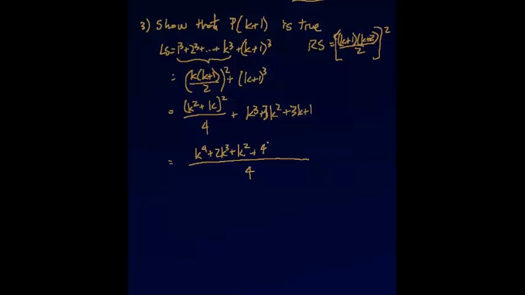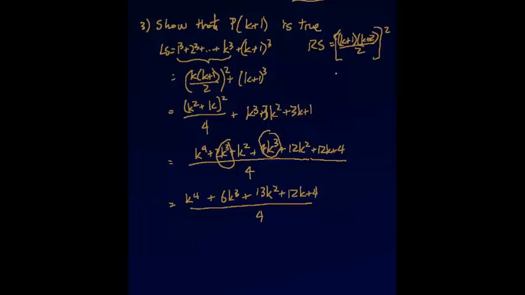Plus 4k cubed plus 12k squared plus 12k plus 4. We collect like terms, so k to the 4 plus, okay, these two are the same, 6k cubed plus these two terms, 13k squared plus 12k plus 4.